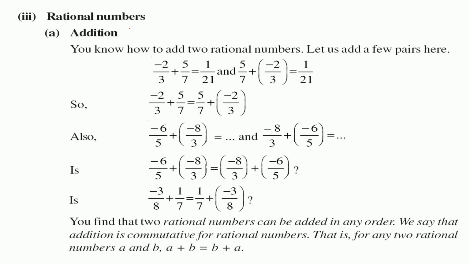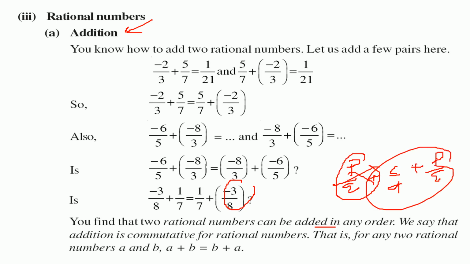Rational numbers. When we come to rational numbers, when we add two rational numbers, that is p by q form, you see that the result will always be a rational number. Two rational numbers can be added in any order. So if you add p by q with c by d, or you can add c by d with p by q, you are going to get the same result.